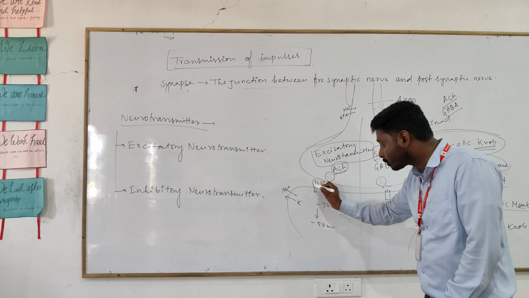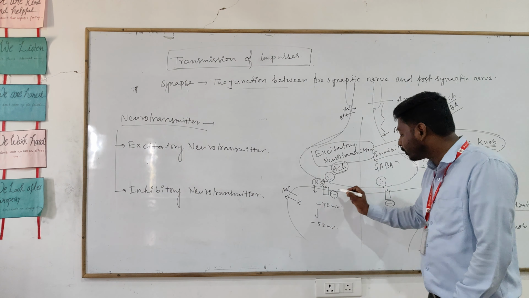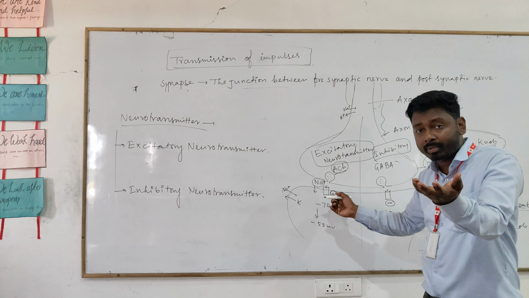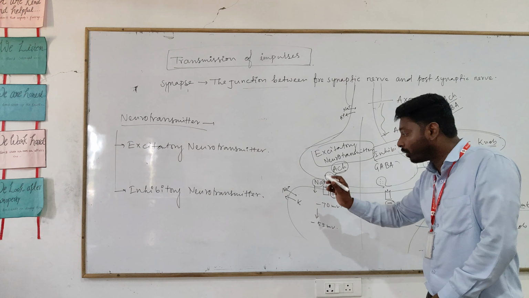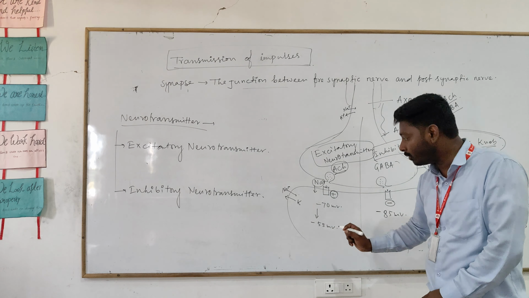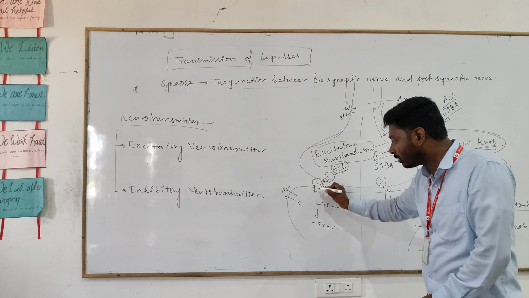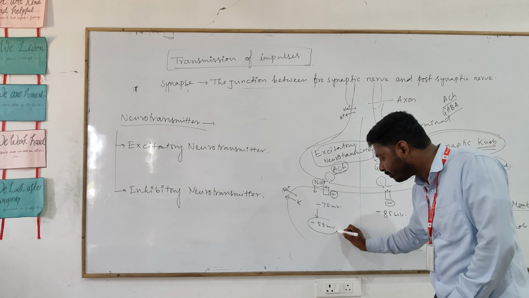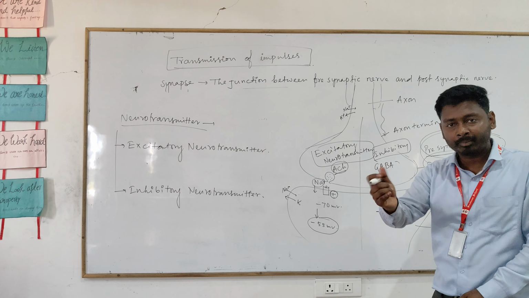So it means the sodium enters through the postsynaptic membrane. We already know that the normal resting membrane potential of the nerve is minus 70 millivolt. Due to the influx of sodium inside the membrane, it reaches minus 55 millivolt.